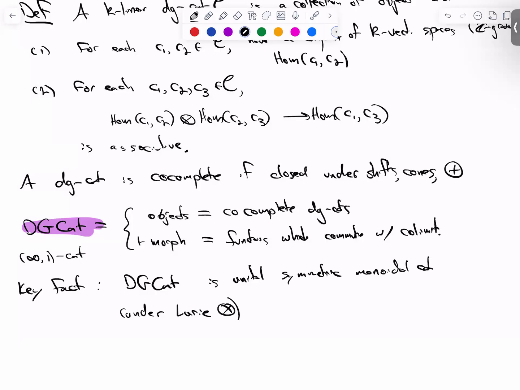Excuse me. So for example, Vect is the unit object. So Vect is the category of chains of vector spaces.